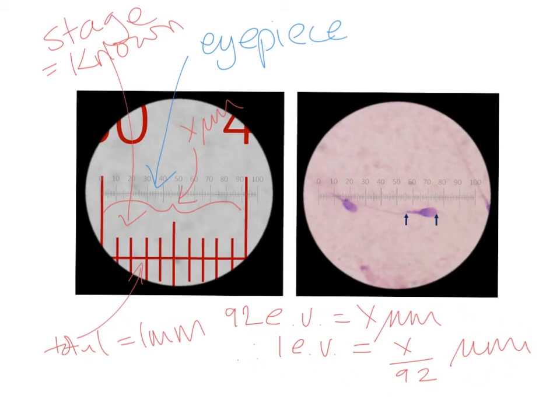If we measure the distance in here in terms of eyepiece units, we can use the calibration, x over 92. This is exactly how we're going to be setting up the microscopes and measuring things in the practical classes. Have another look at this video, and at the other video that I've posted on Canvas, to get your head around how we'd measure this.